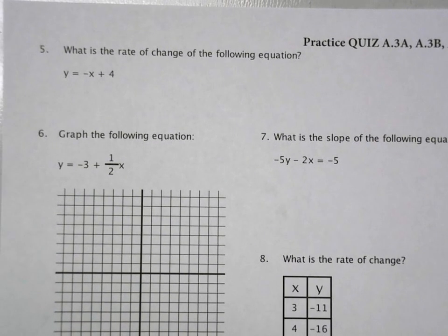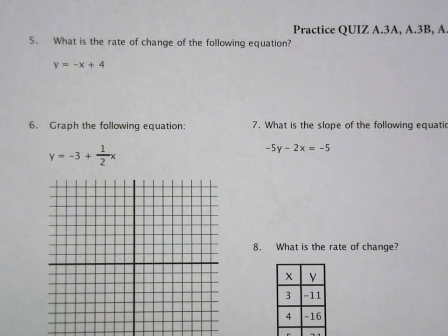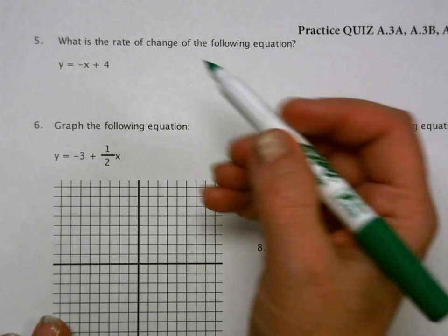So look at problem number 5. What is the rate of change of the following equation? The first thing we need to identify is what? What form is it in? So we know where the m is at. So what form is it in?